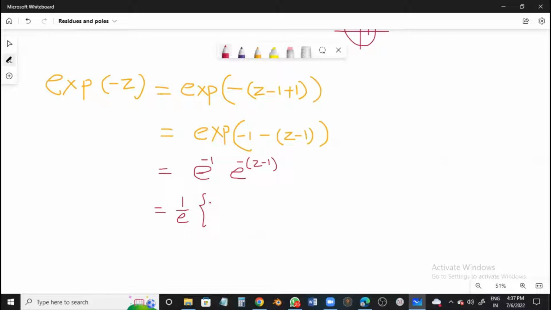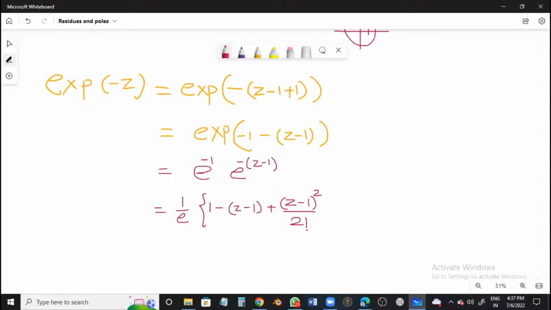What is our expansion? 1 plus z. So my z is what now? Minus of z minus 1. Followed? Then I'll have plus z square by 2 factorial. So square of minus is plus again, so I'll write it as bracket z minus 1 bracket square upon 2 factorial.